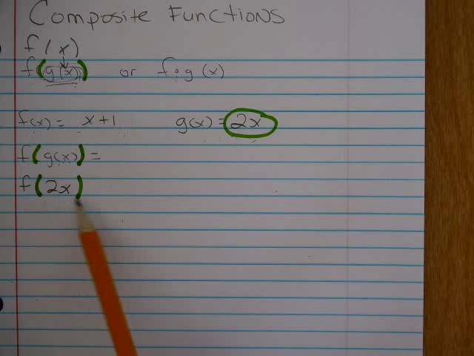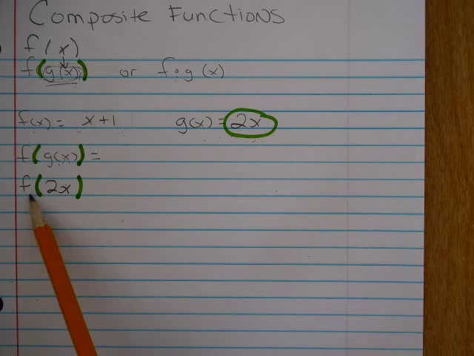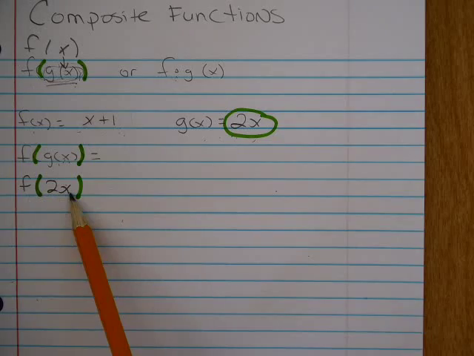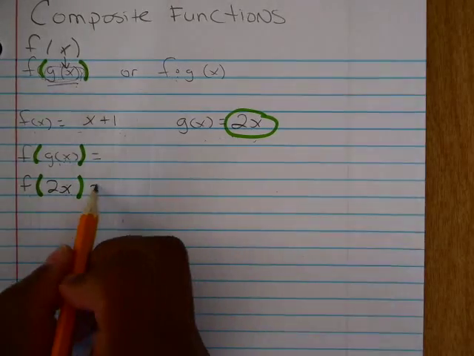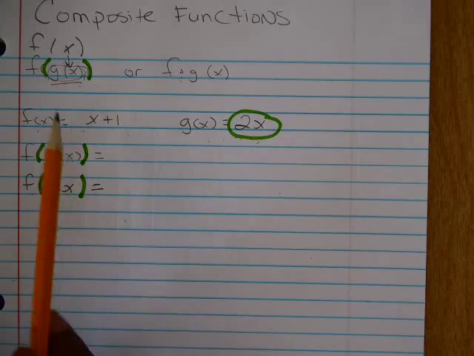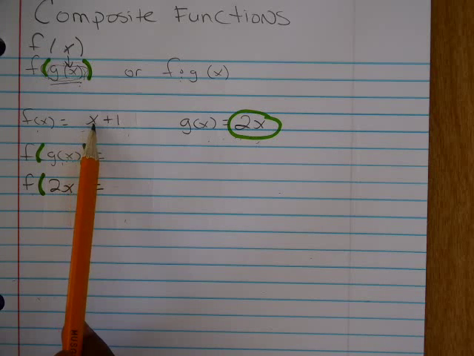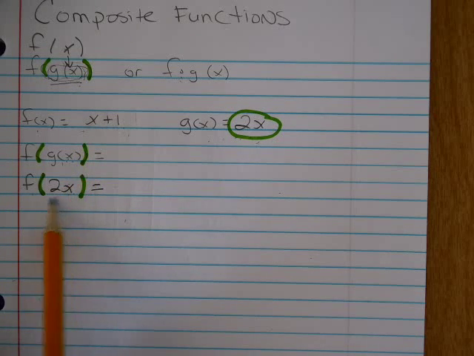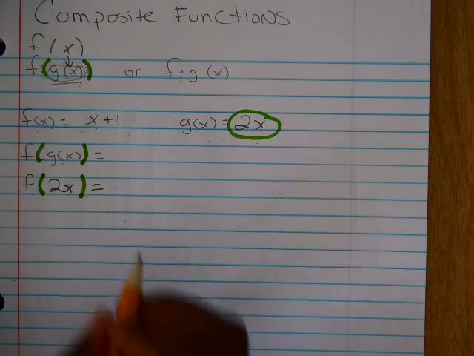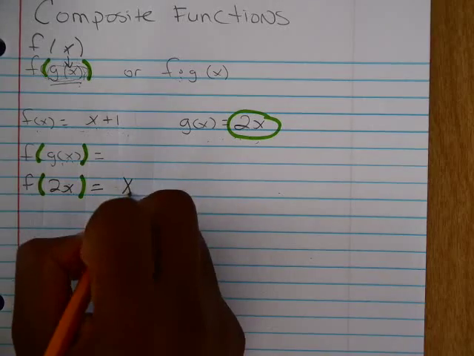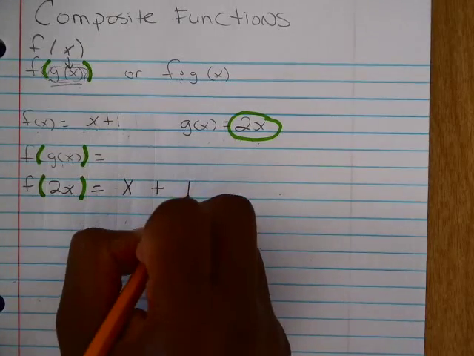So now I have my input. I'm going to use my function f and simplify. Well, let's see what this is equal to. The function f is denoted as x plus 1. So everywhere we see x, we're going to substitute in 2x.